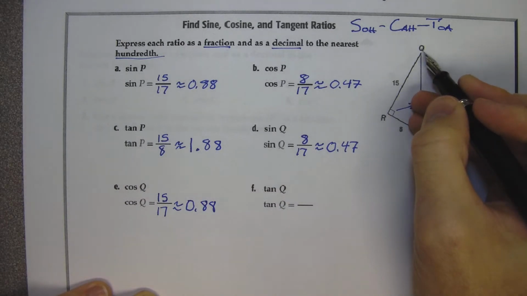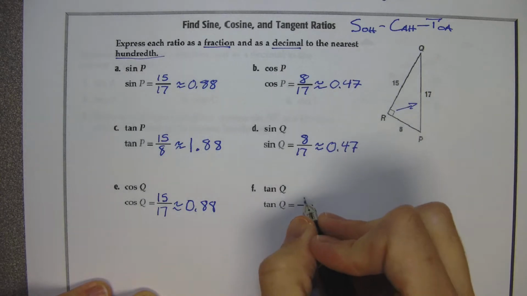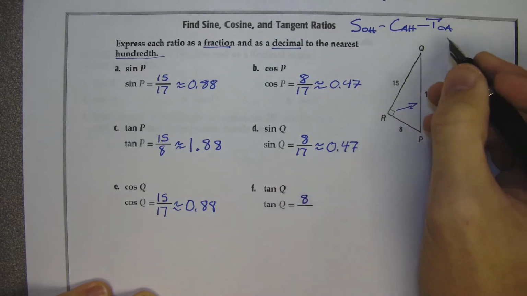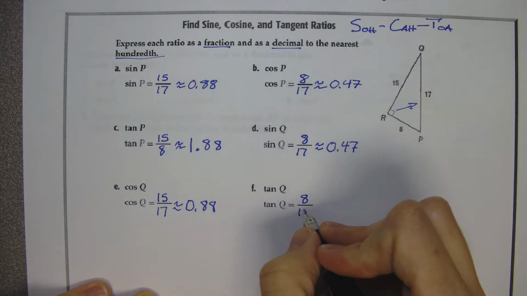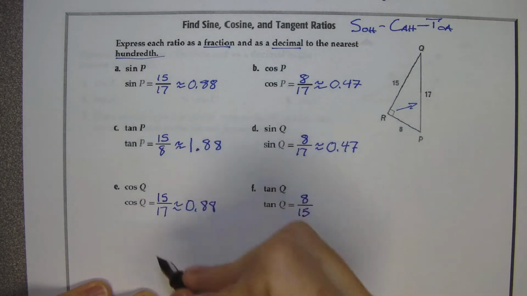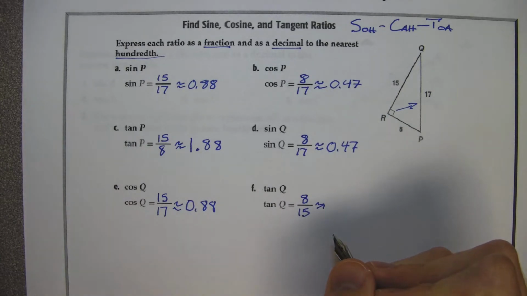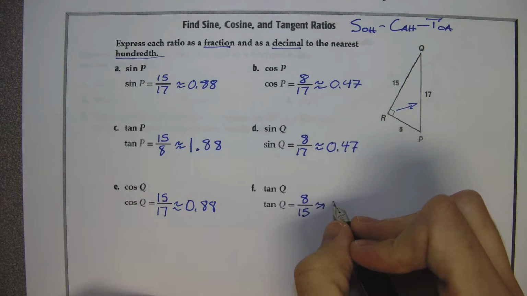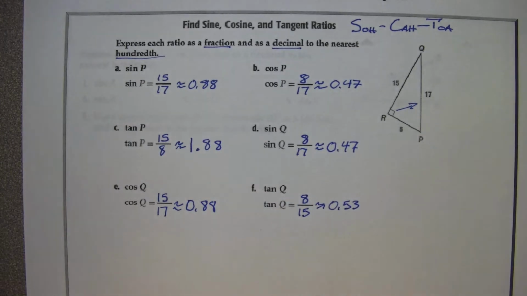Let's try this last one. Tangent of Q. So, Q, we need the opposite side. So opposite is 8 over the adjacent side. So in this case, 15. Doesn't look like we've worked that one out yet, so we can't borrow. We're going to have to actually work it out. So 8 over 15 gives us roughly 53 hundredths once we round.